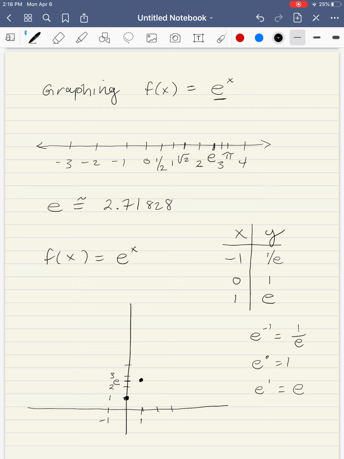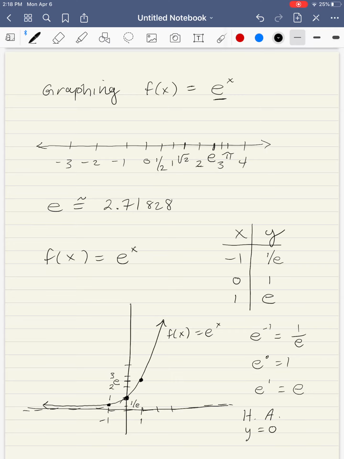That's going to be somewhere between, since e is between 2 and 3, 1 over e is going to be between 1/2 and 1/3. So we just go over here and eyeball a number, and that's going to be 1 over e. And as always, with a basic exponential function, our horizontal asymptote is at y equals 0. So we put that on here. And then we know the shape of our curve is the same shape it always is.